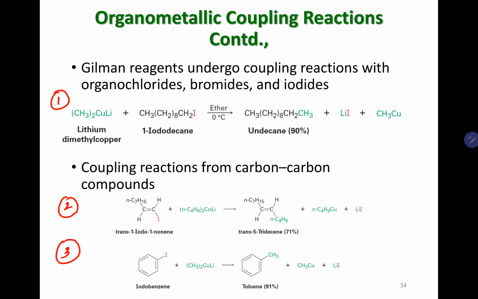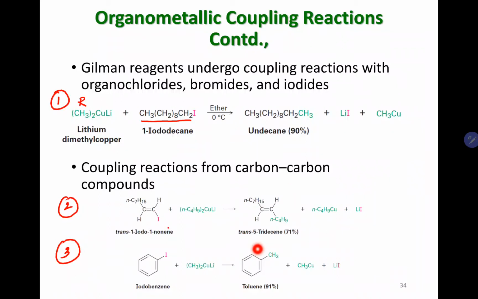Here we take the Gilman reagent, which is the lithium diorganocopper reagent, and one of the organic groups from the Gilman reagent will be coupled to the R group of the alkyl halide.